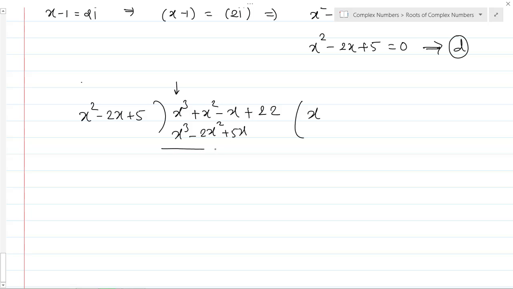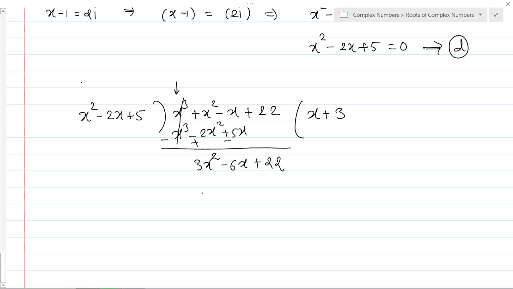Let's subtract this. Minus minus minus plus, and this cancels, this gives me 3x square and this gives me minus 6x, and the 22 on top as it is. To cancel out this 3x square I require only 3 here, so plus 3.